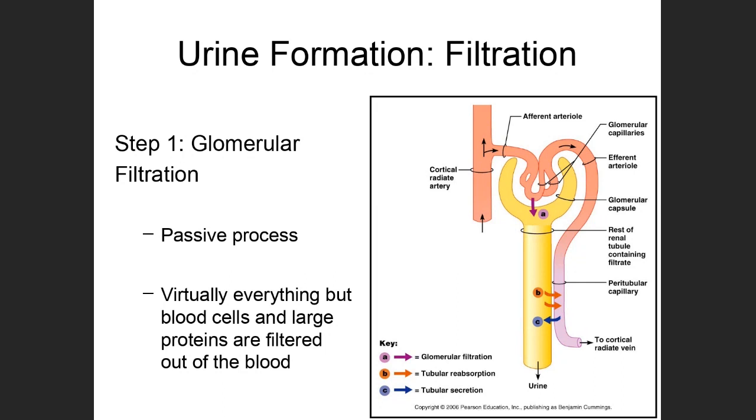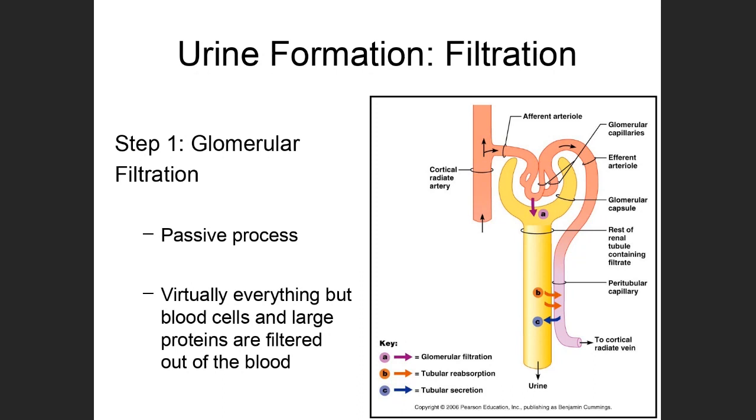That means that virtually everything that enters the glomerulus, with the exception of blood cells, so red blood cells, white blood cells, which are large, and also some very large proteins that are found within the blood, virtually everything else gets pushed out of the blood and makes its way into the renal tubule.